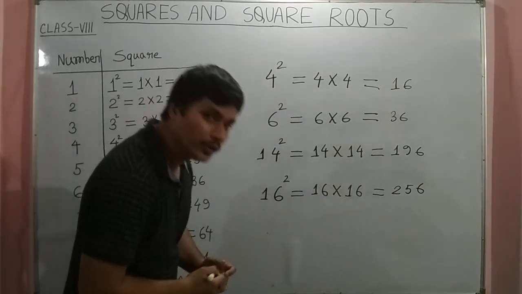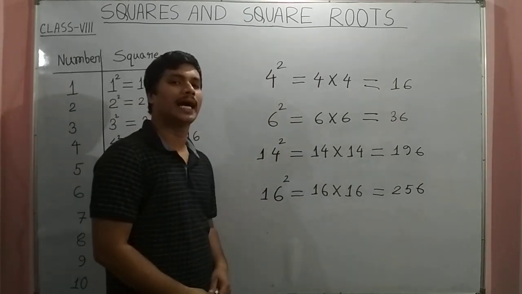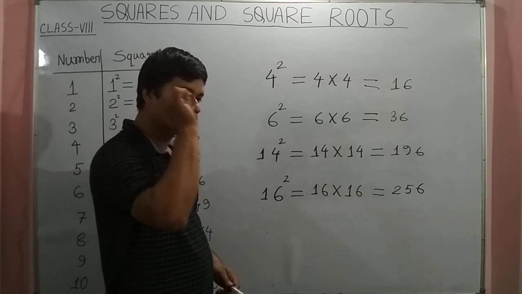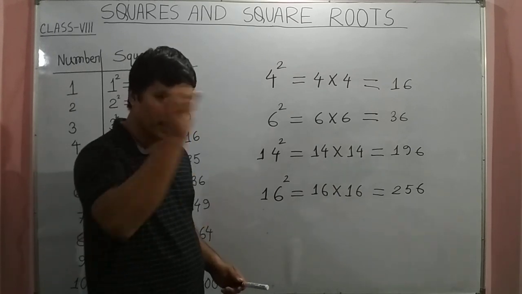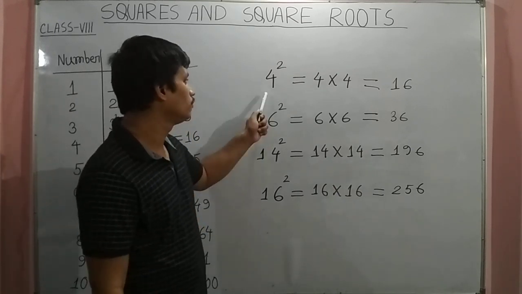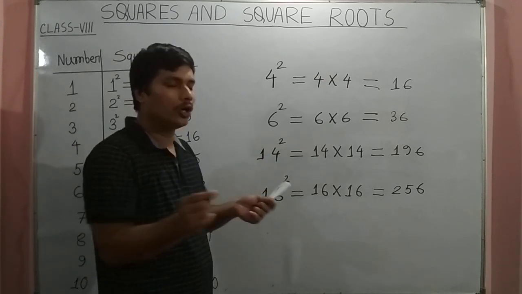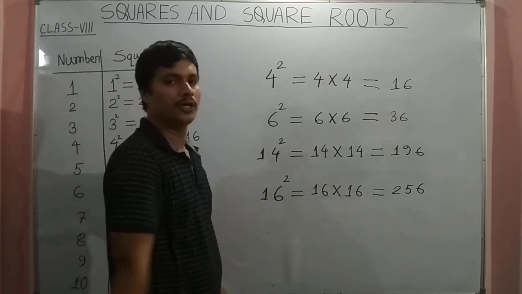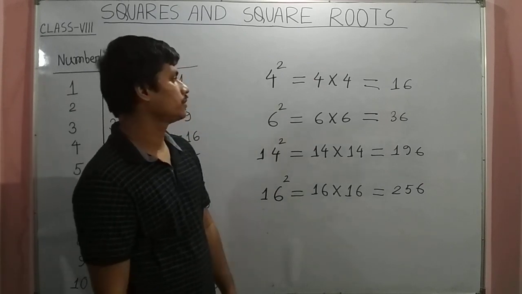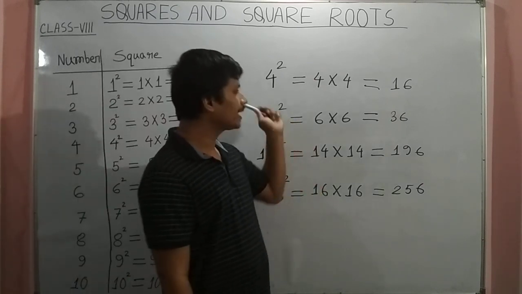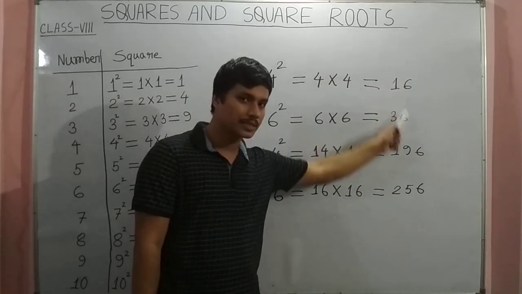Now, students, what are the units places of these numbers? Here 4, here 6, here 4, here 6. That means 4 or 6 is the unit place of these numbers. Now, what is the unit place of the squares?